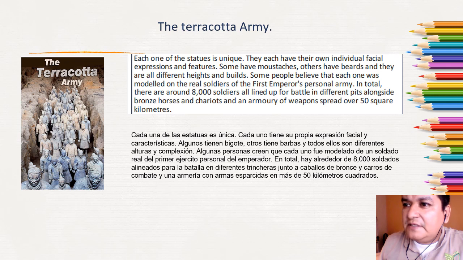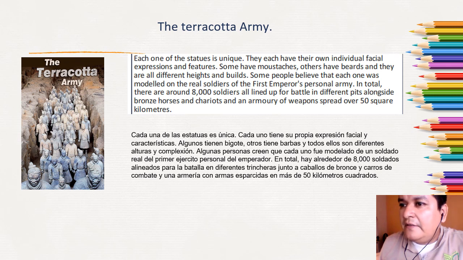Each one of the statues is unique. They each have their own individual facial expression and features. Some have mustaches, others have beards, and they are all different heights and builds. Some people believe that each one was modeled on a real soldier of the first emperor's personal army.